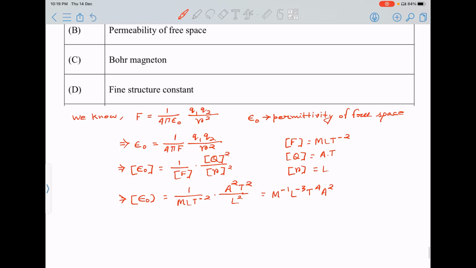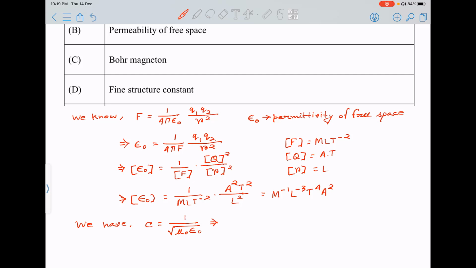So now the second quantity is the permeability of free space. Now we have the relation that the speed of light in vacuum is equal to 1 upon root under mu naught epsilon naught.